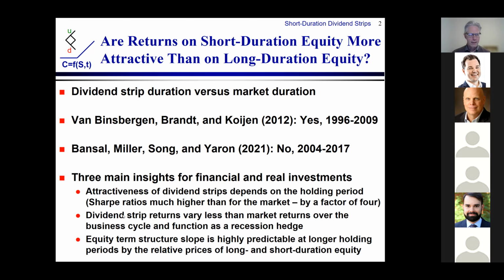We also find that dividend strip returns vary much less than market returns over the business cycle. After all, the business cycle is really using the market return to grade periods into when the market is going up and when the market is going down. If we're looking at the dividend strip return during expansions or recessions, it moves much less dramatically than the market.